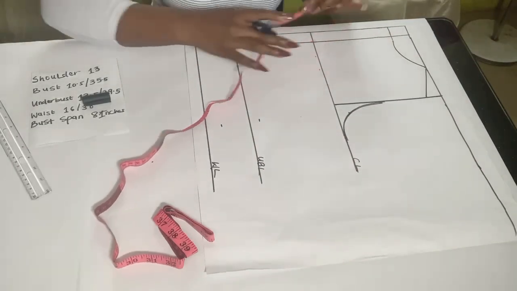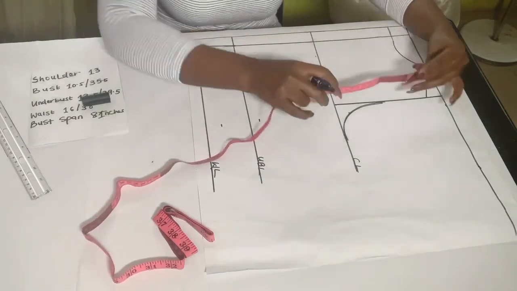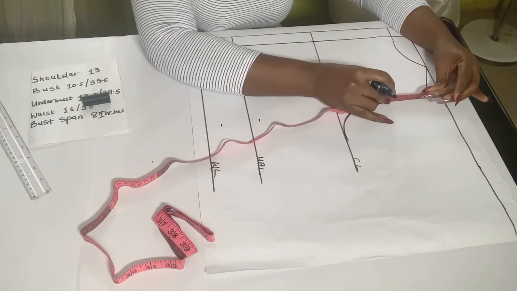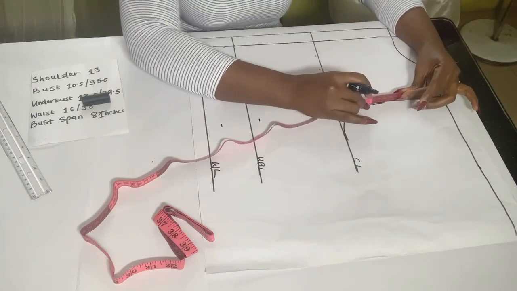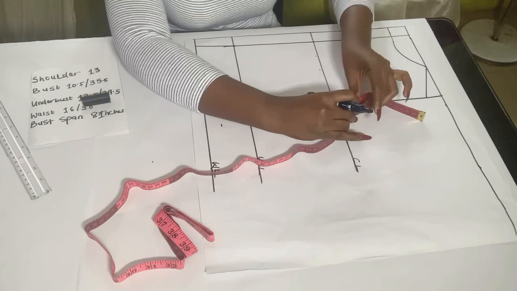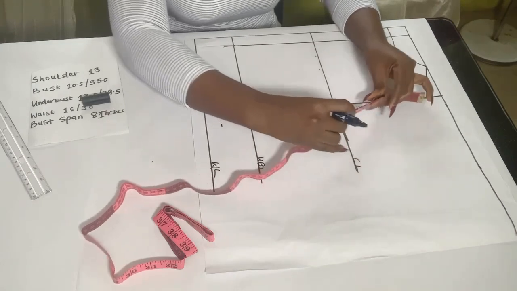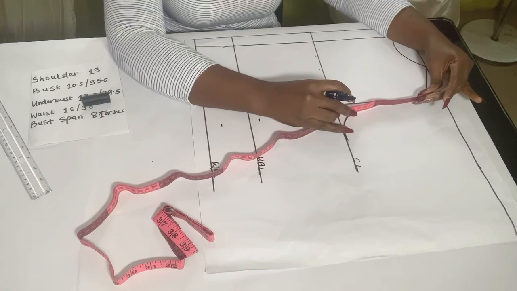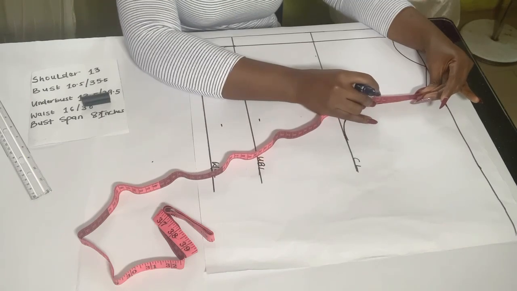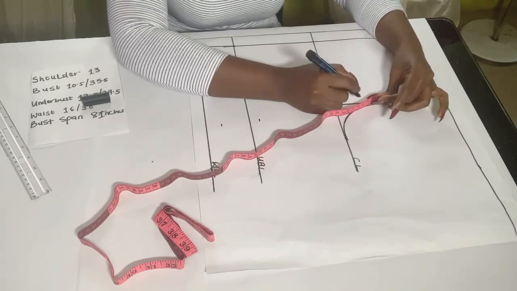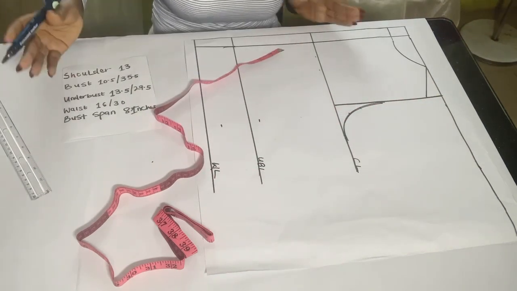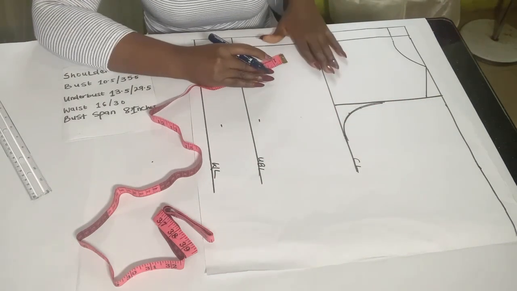Then if you want a princess dart like I want, whatever I have here, I'm going to be measuring that. So you measure what you have. I have 8 inches, you divide it by 4. Then you add ½ inch to it. So that's 4.5. Our bust span measurement, you're going to repeat it on this part here.